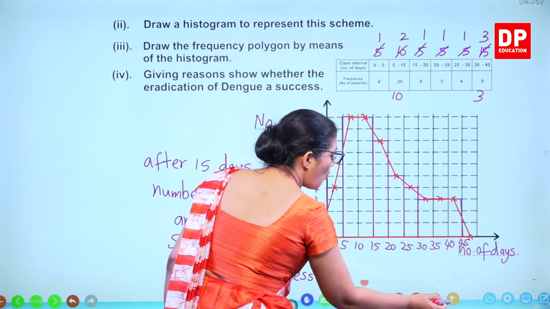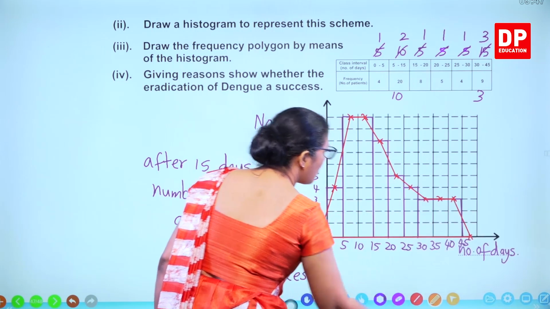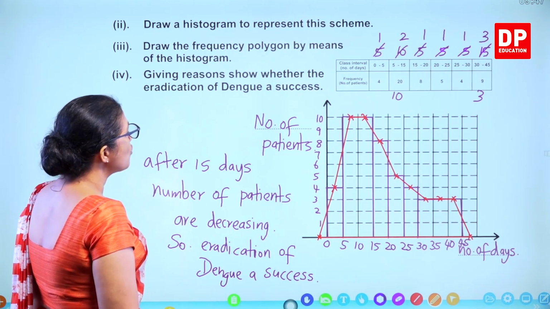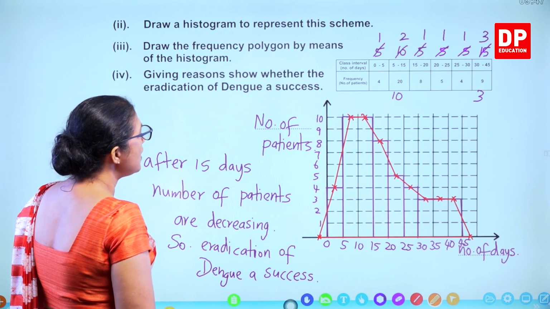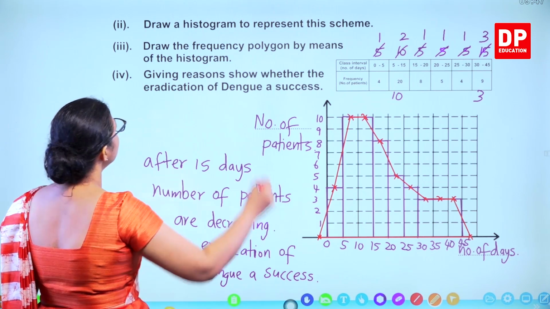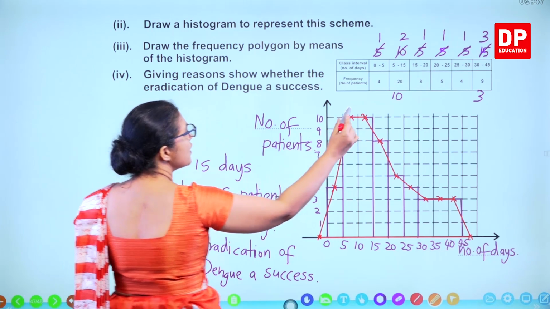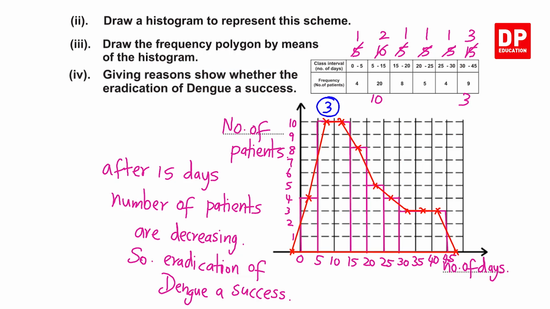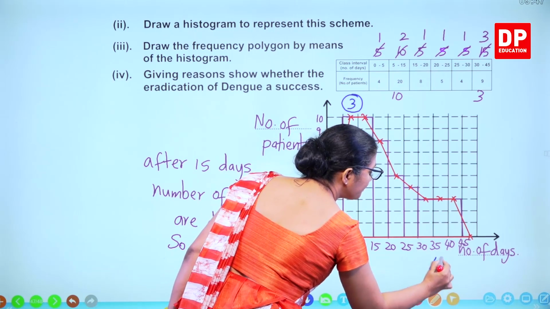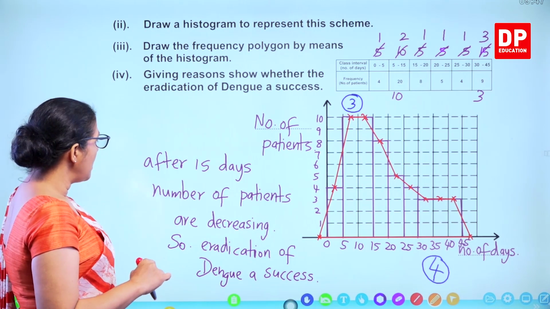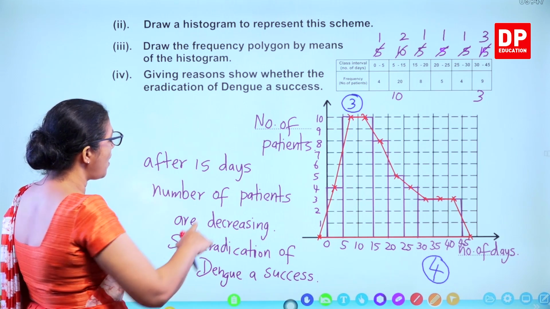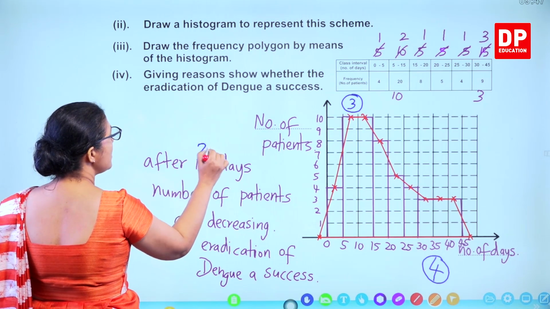Now we'll see how we can get marks. You get 3 marks for the histogram, 4 marks for the frequency polygon, and 2 marks for writing down this reason.